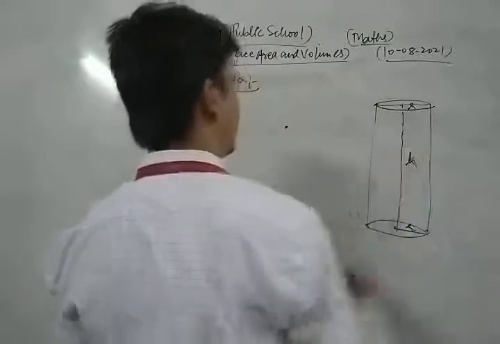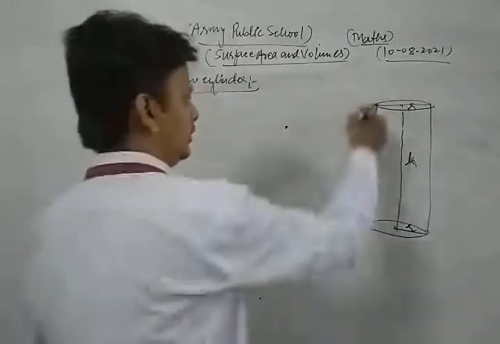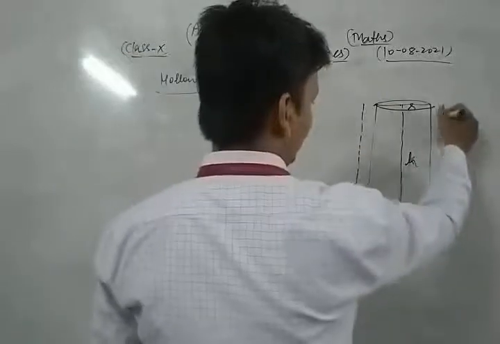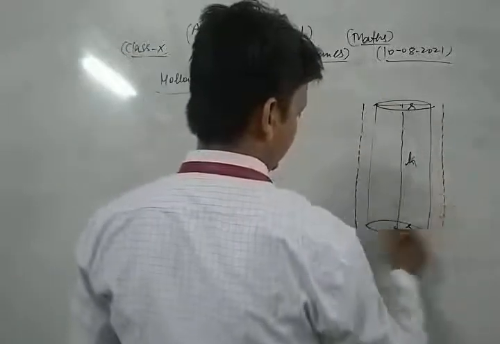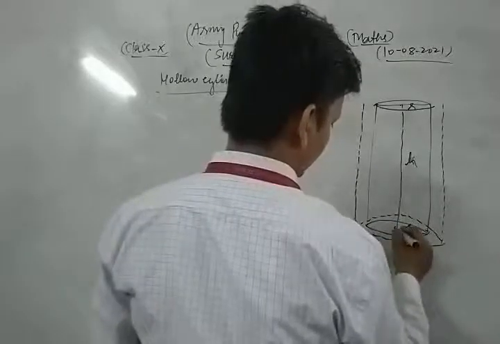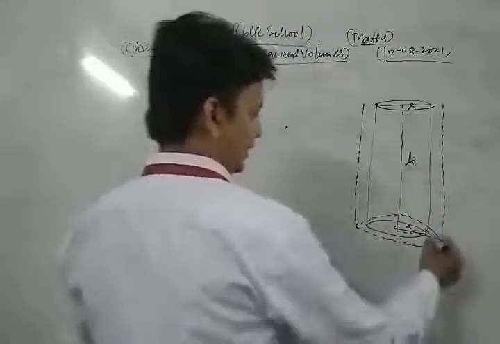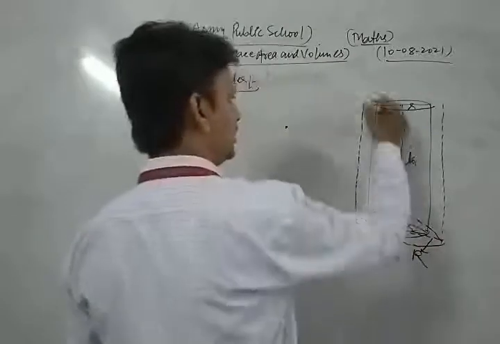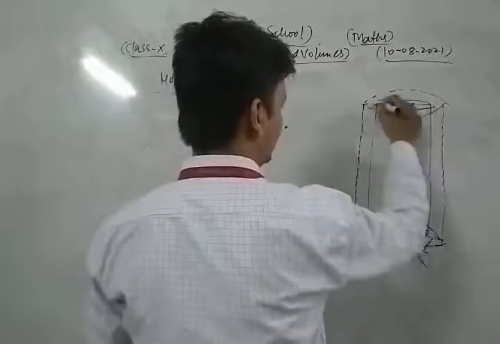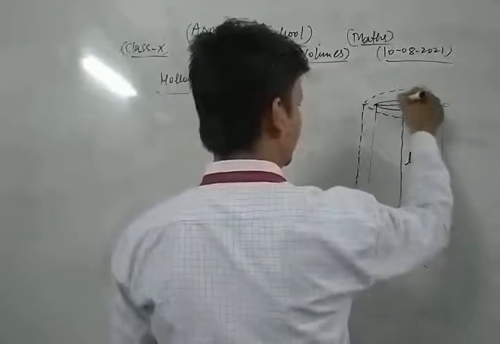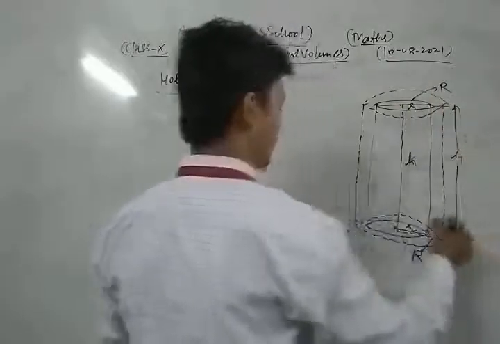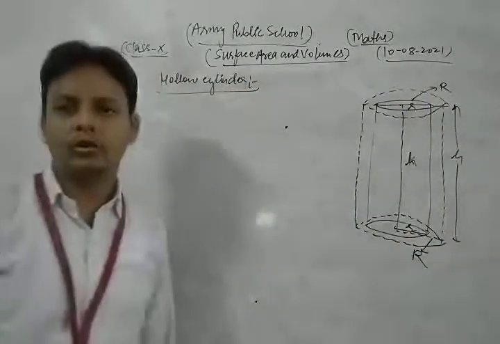In the concept of hollow cylinder, we draw another, external one. The external radius we call capital R, and the height is the constant h. This is the concept of the hollow cylinder.